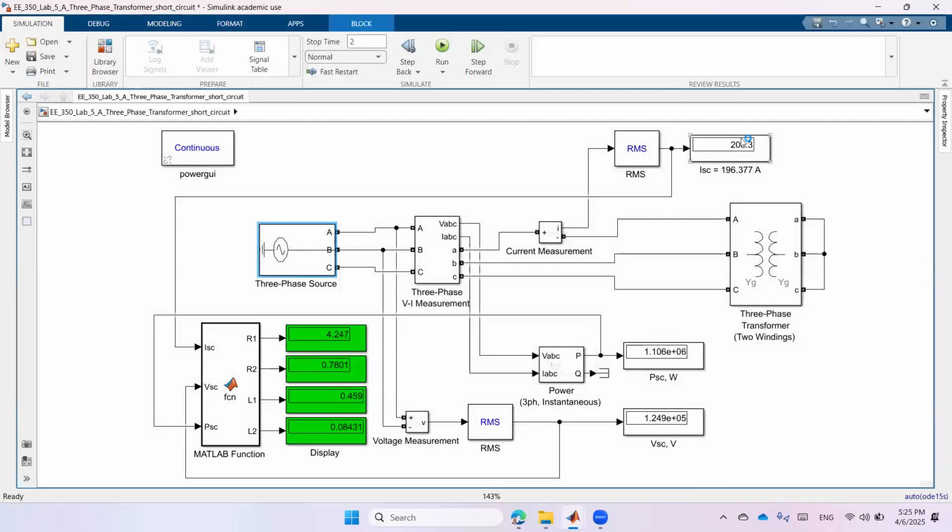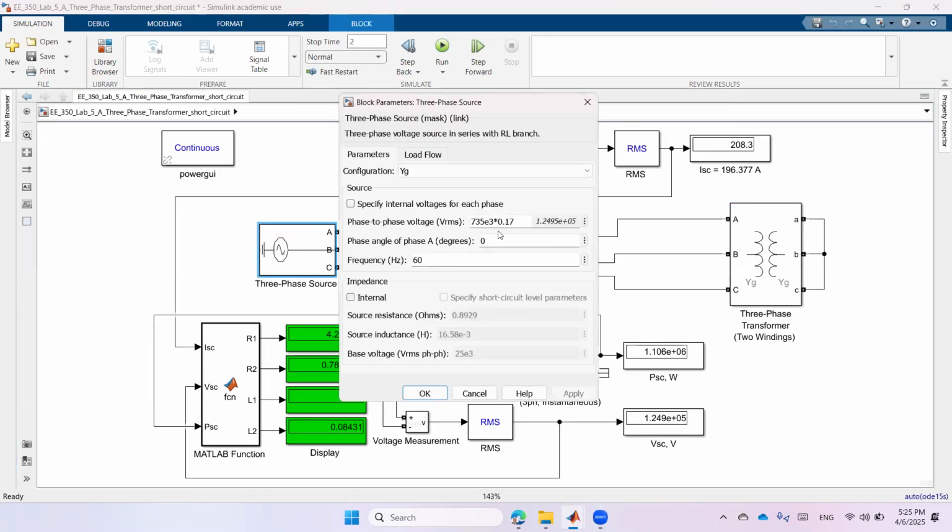We see that it is 208, and this is not acceptable. So you need to reduce the 17% to get the right number. I already found that number for this transformer on my computer is around 16%.